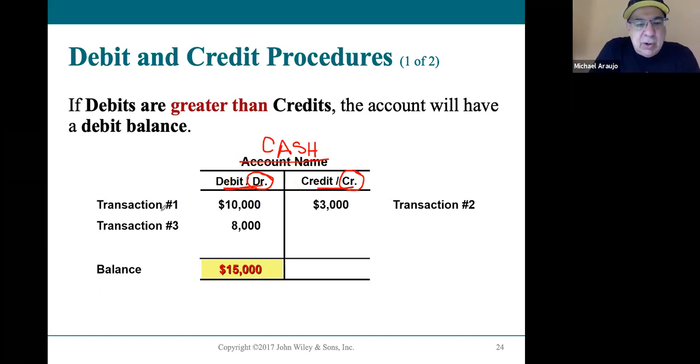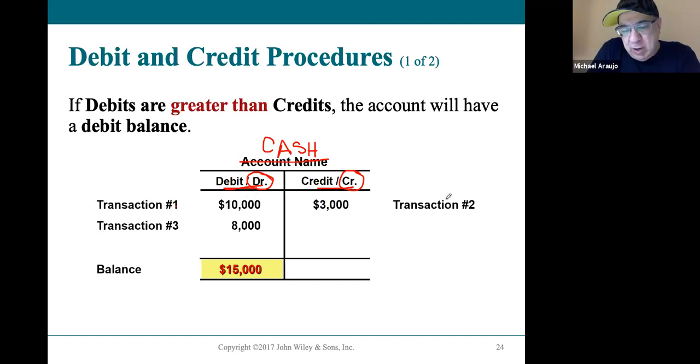Okay. All right, so here you have 3 transactions that happened. All of these are separate transactions, and all you're seeing is what's happening in the cash account right now. As you see, transaction 1 was a debit to cash. Now, debits to cash mean more cash. So this is clearly an increase in the cash account.